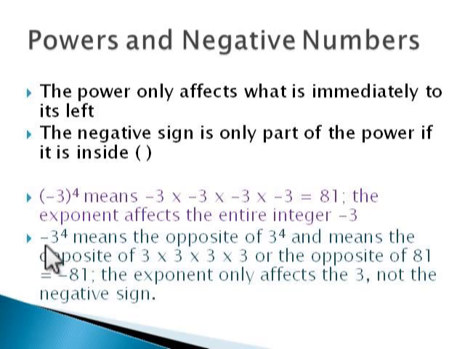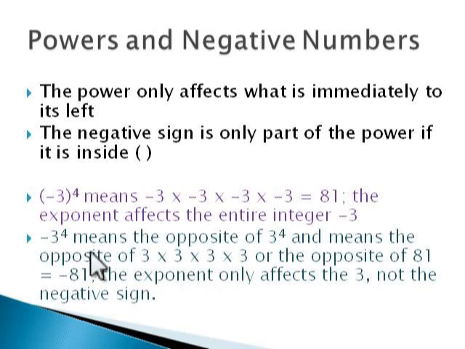Now, here is the part that sometimes doesn't make sense to some. Since there are no parentheses here, the way that you really read this is the opposite of 3 to the 4th power. So that means that the negative sign does not go with the 3 when we are counting how many we have.